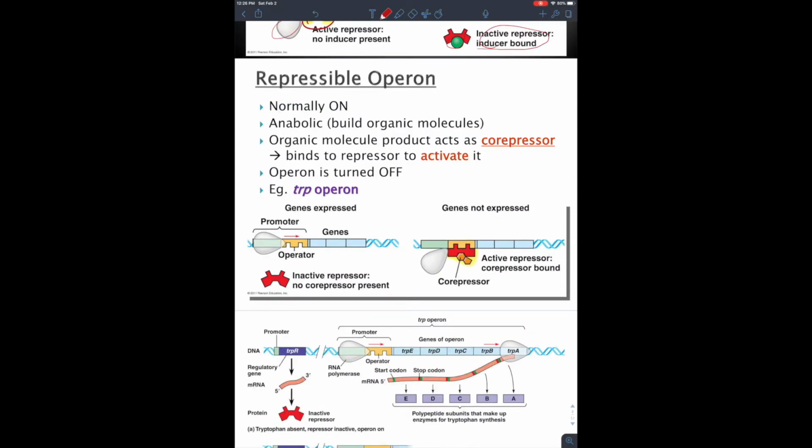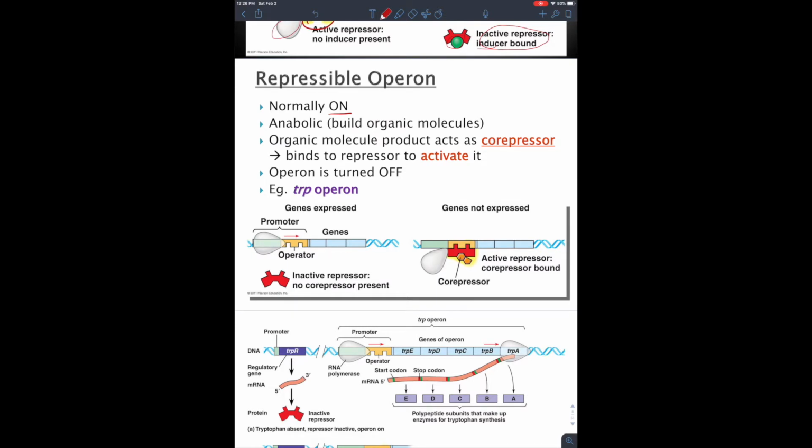All right, back to our operons. We're going to continue working with the repressible one. Remember, this is a gene that is usually turned on, but we're going to turn it off for some sort of reason. You usually see this with anabolic situations. Remember, anabolic means to build organic molecules, and the opposite, catabolic, means to tear down, when we break them down.